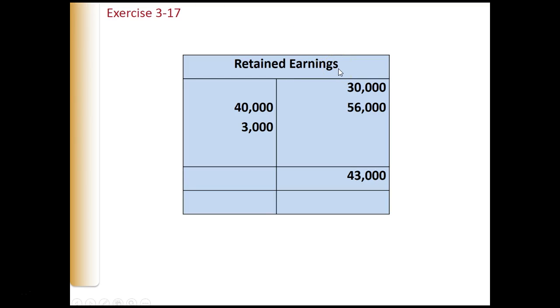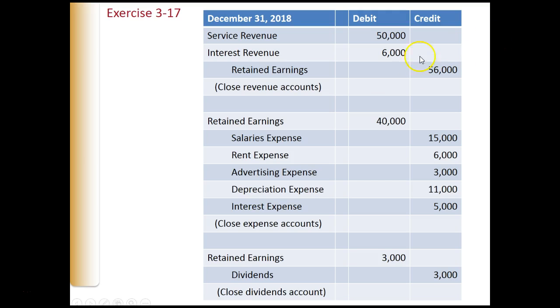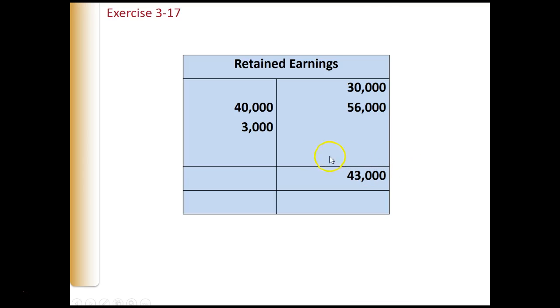Then from there, we have revenues that increased our retained earnings, $56,000, and we see that by this $56,000 posted to the retained earnings account. We have a retained earnings debit of $40,000 and a debit of $3,000, as you see right here, the debit of $40,000 and the debit of $3,000.